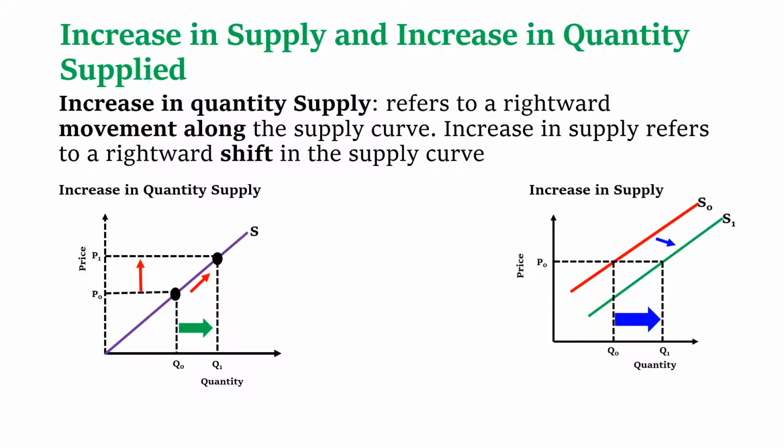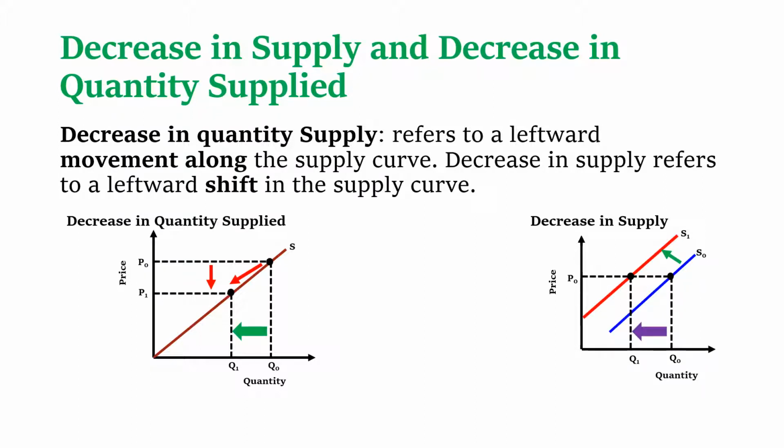If they provide subsidies, what will happen? You expect supply to increase, so it will shift to the right. So an increase in the quantity supplied refers to movements along the supply curve. Good.